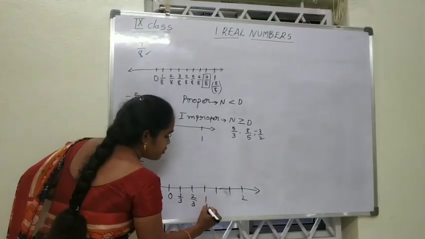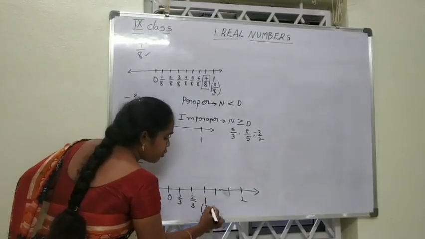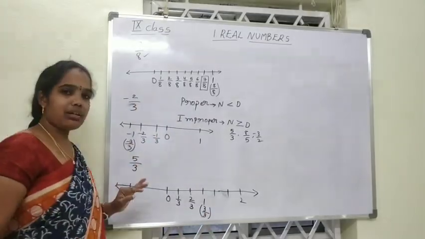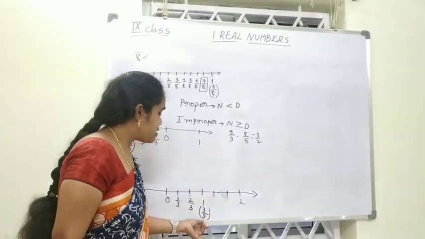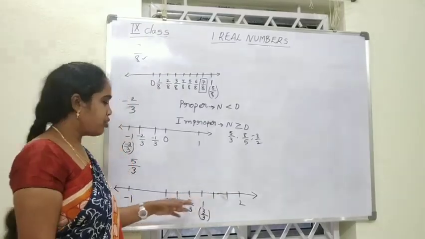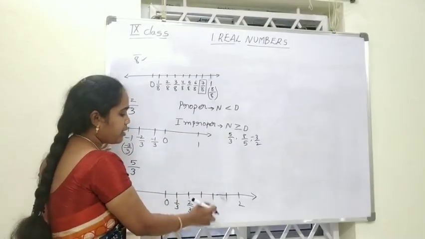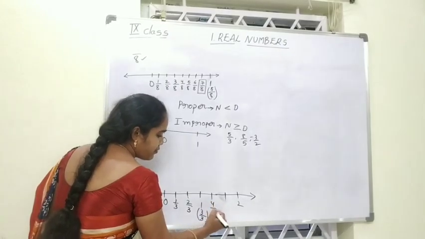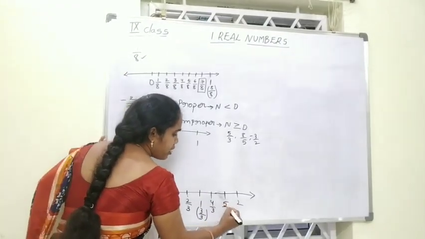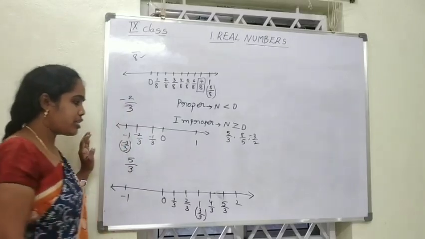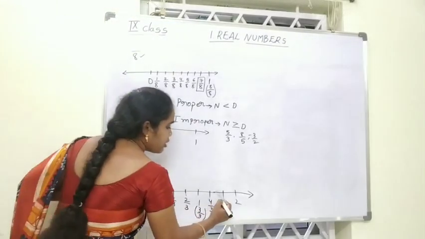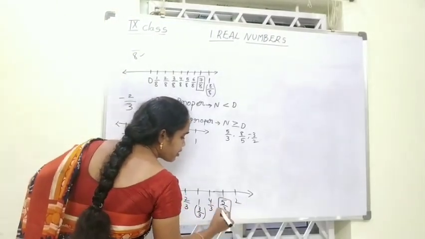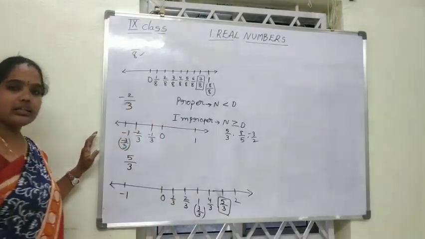This is 3 by 3. 3 by 3 means out of 3 parts we are taking all 3. Okay, 3 by 3 is nothing but 1. Next this is 4 by 3. Next this is 5 by 3. Did you understand? So that 5 by 3 we marked on the number line.